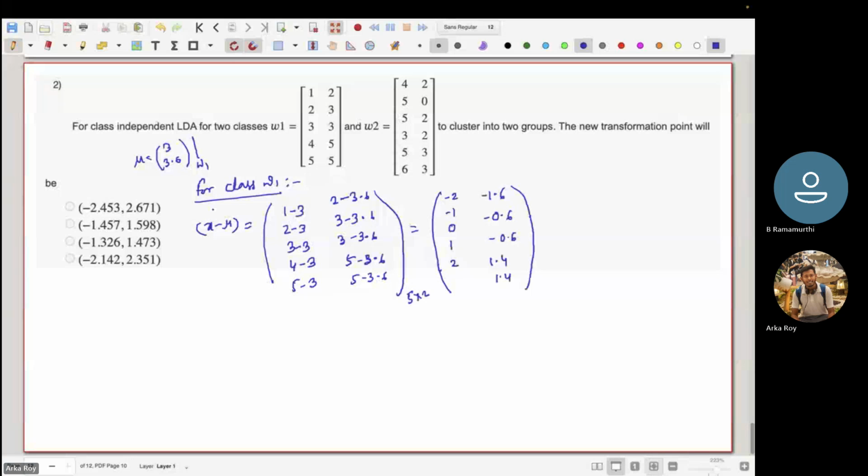It has to be actually x minus mu transpose times x minus mu.